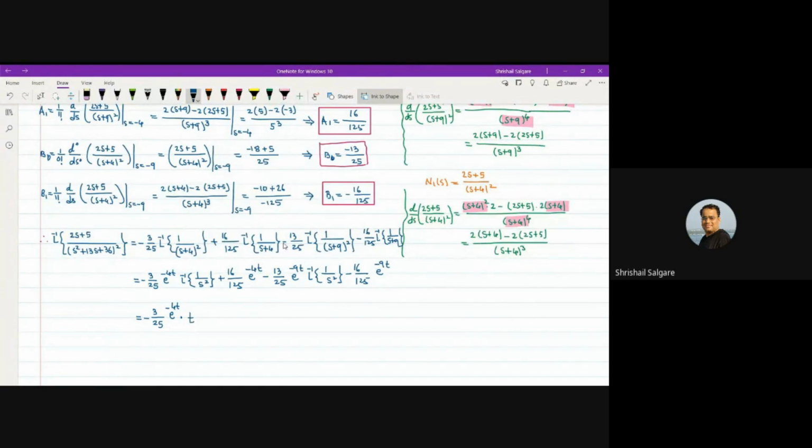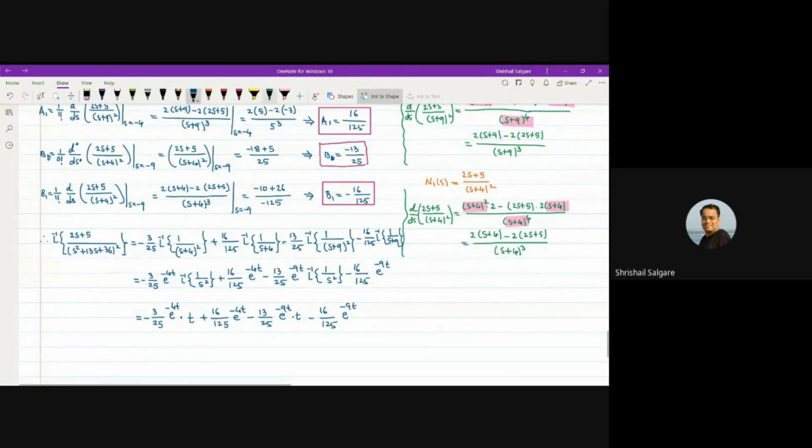It is t plus 16 upon 125 e to the power minus 4t, minus 13 upon 25 e to the power minus 9t into t, and last step minus 16 upon 125 into e to the power minus 9t.